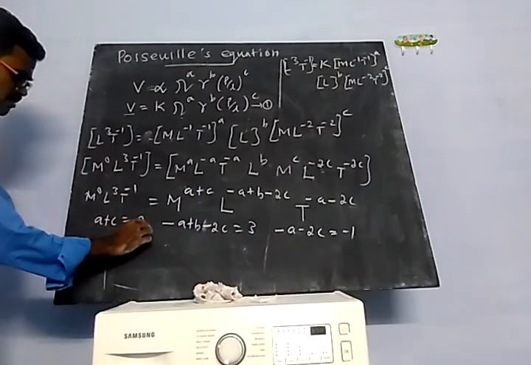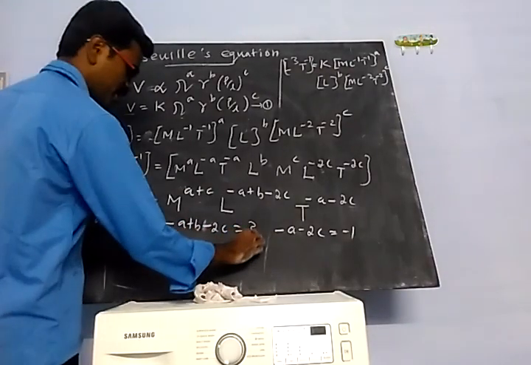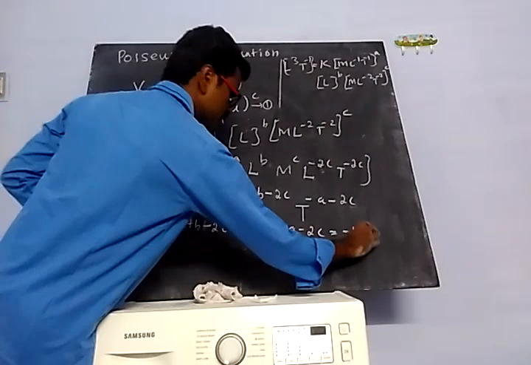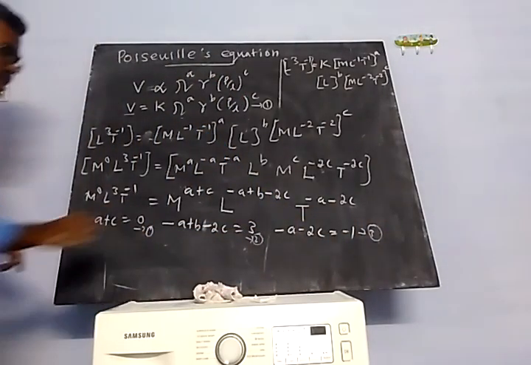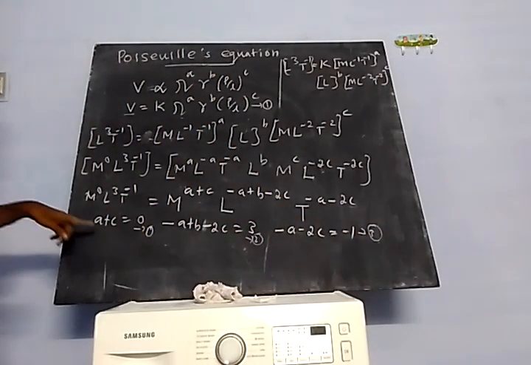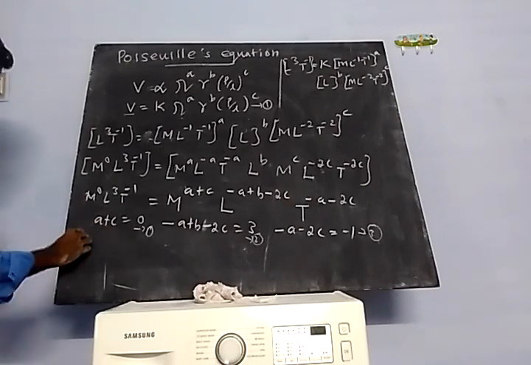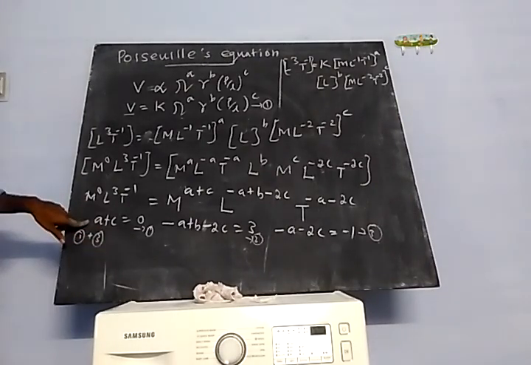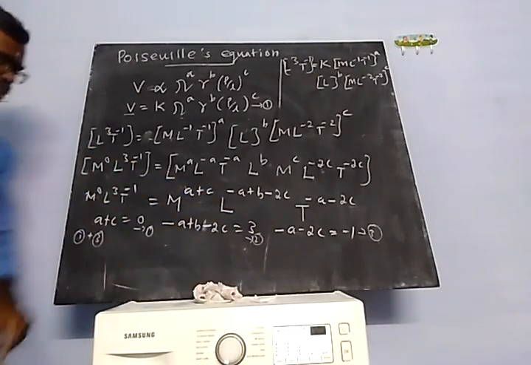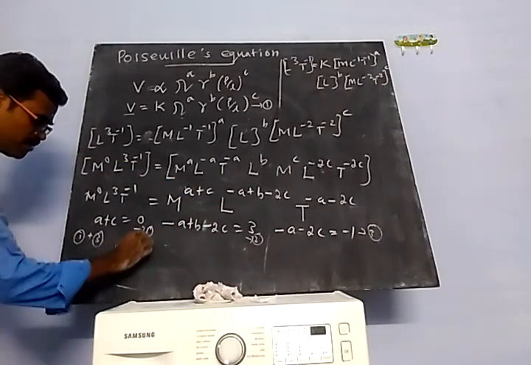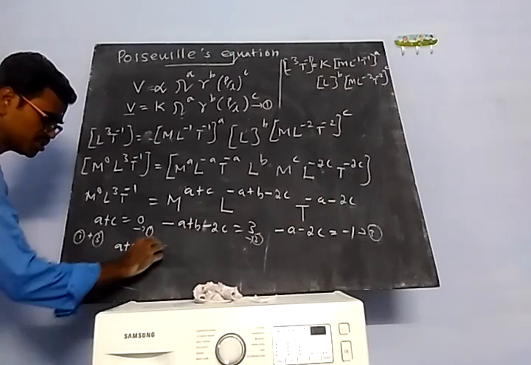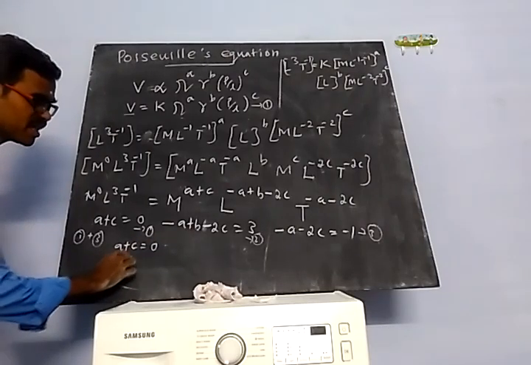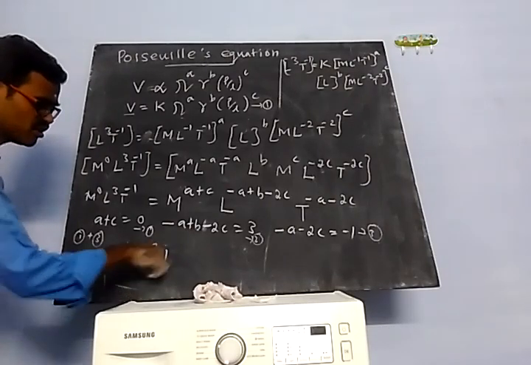So this is equation number 1, this is equation number 2, and this is equation number 3. Now I am going to add the first and third equations. Adding first and third, a plus a and minus a both cancel. I can write a plus c is equal to 0, then minus a minus 2c is equal to minus 1.